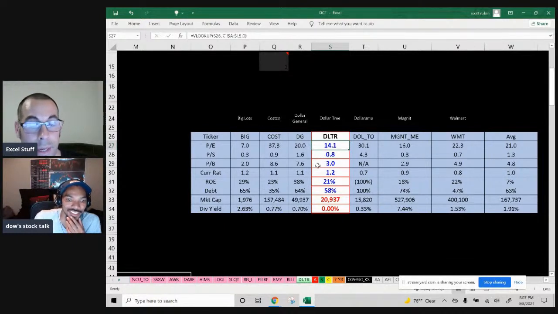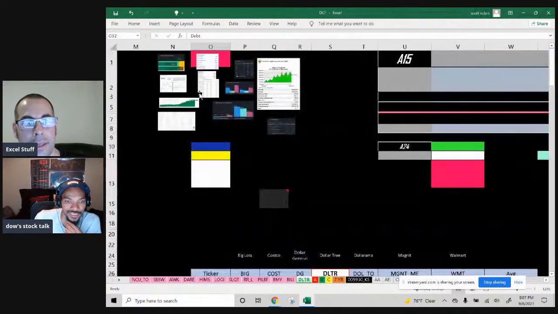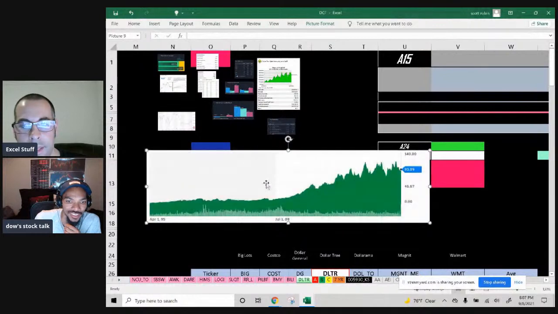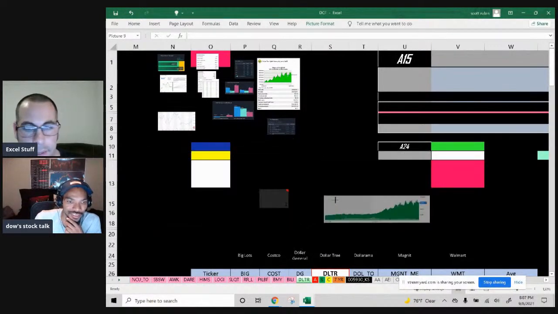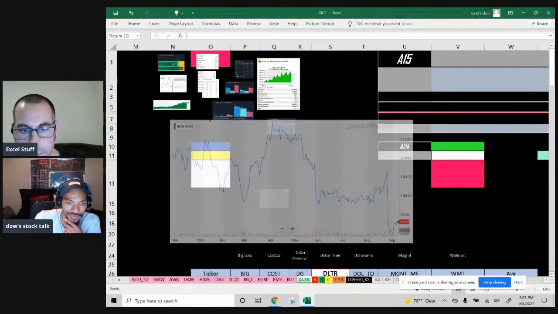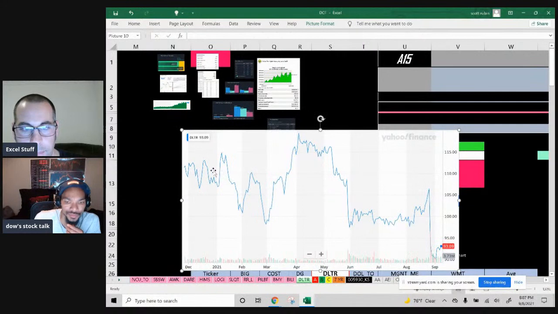Price to sales below 1, 3 price to book. They have a high ROE. I wonder why, and then the stock has gone up. Well, that's 2008, it's hard to tell. Yeah, it's come down from its peak.